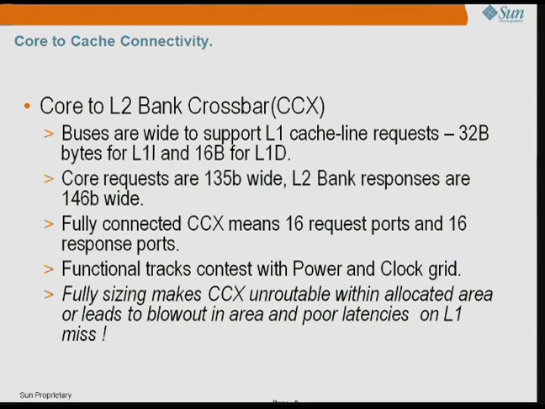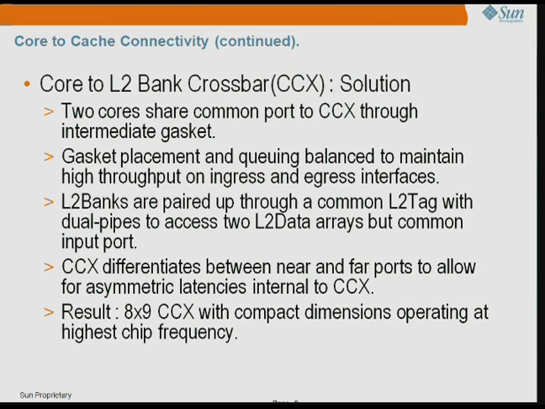Now, if we had a fully connected CCX, we'd actually have 16 request ports and 16 response ports coming in and going out of that. We don't have the tracks to support that, nor do we have the area to support that, nor can we burn all that power. The statement here is that fully sizing this makes CCX unroutable within the allocated area. That is true, and we've addressed this up front.